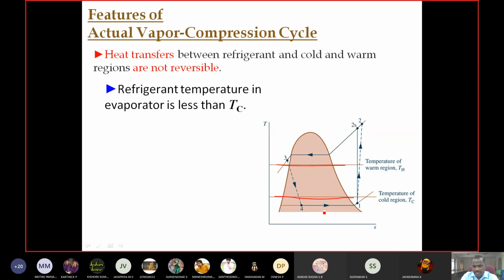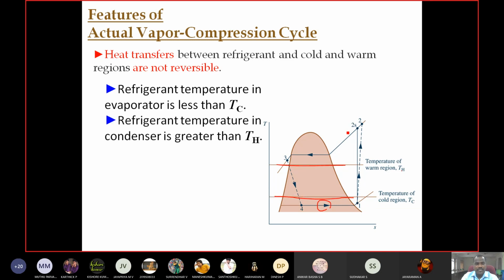So this will be the region, and at this state the temperature will be less than the low temperature. Right, we can compare. So in the process 4 to 1, we can have the temperature less than the low temperature of the refrigerator. Then the refrigerant temperature in the condenser is greater than TH.